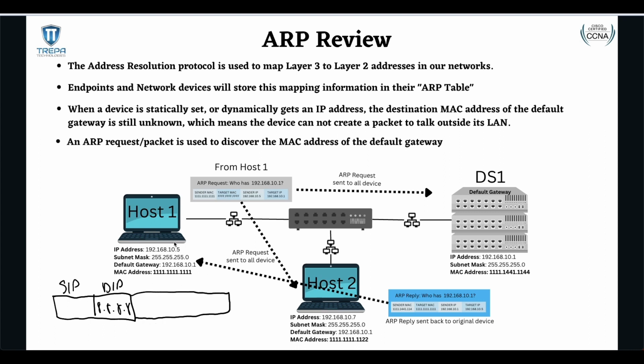So it's going to look in its ARP table and say, I don't know the default gateway's MAC address. So now I have to send out an ARP request. So in that ARP request, we're going to have the target MAC address and the target IP address. As of right now, we don't know the MAC address for the default gateway. So we're going to broadcast this ARP request out.